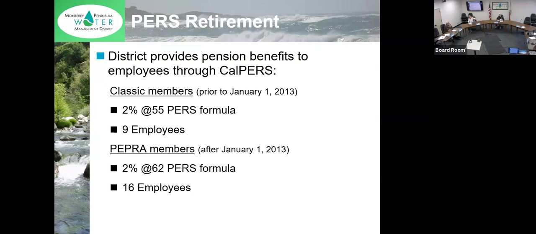What you can see here is that the district is moving towards PEPRA members. Our classic employees have retired, and so we have less of those active employees. We're moving towards PEPRA. And so this creates the liability. Most of the unfunded liability is coming from Tier 1 classic members.